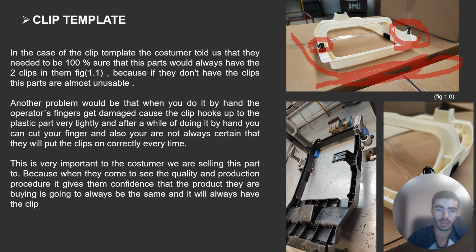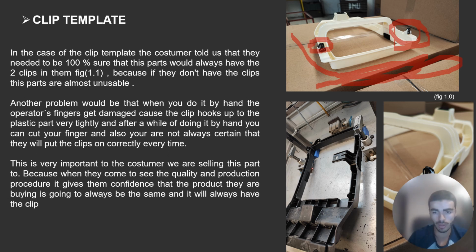I helped a little bit with the idea to make a template where you have to put the part on, and with some pistons force the clips into the piece and give the piece a check mark, so that you know that if it has that check mark, the two clips are there, and it will only put that check mark if the two clips are in there.